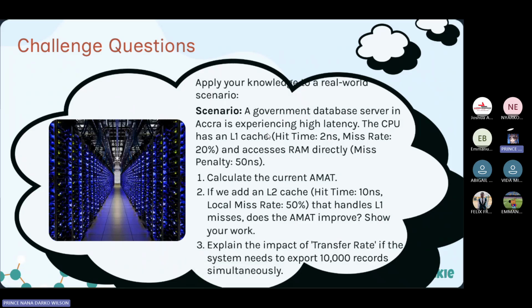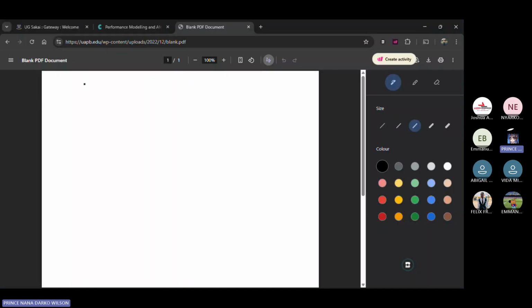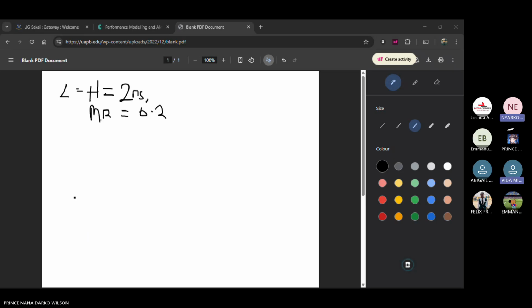For L1, the hit time is 2 nanoseconds, and the miss rate is 20%, which is 0.2.